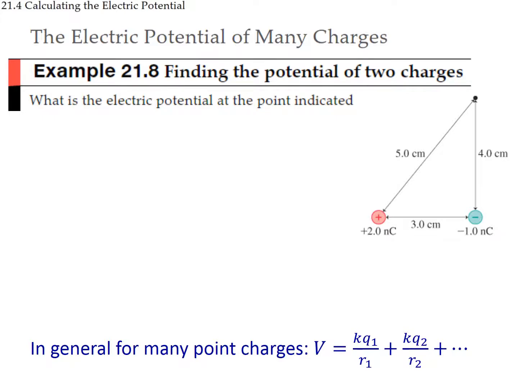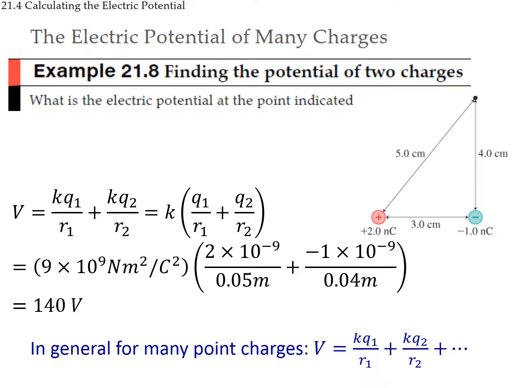Finding the potential of two charges. Well, finding the potential of two charges is basically the same as finding the potential of one plus adding the potential of the other one. So the potential that this produces at this point and the potential that this produces at this point are going to be added.